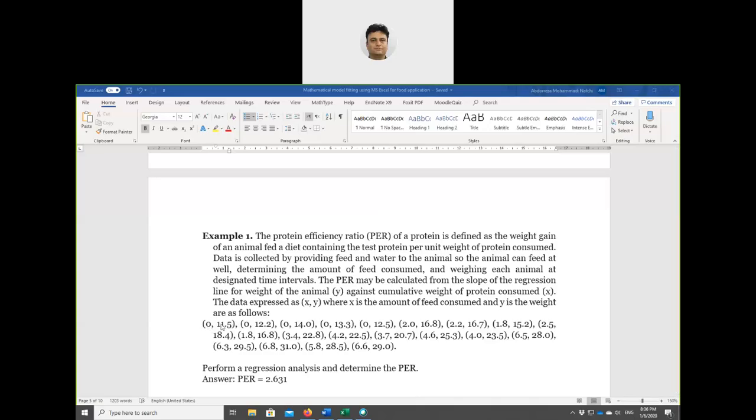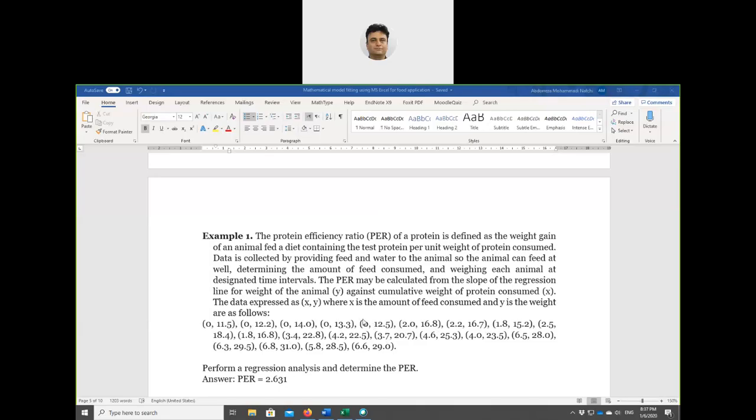Each of them has one coordinate, one data point, from a different animal. Here we feed 0 and the weight was 11.5. So by regression or by plotting, we want to measure the PER. PER is the slope of this line going through all of this data.